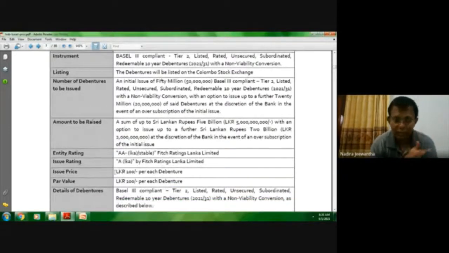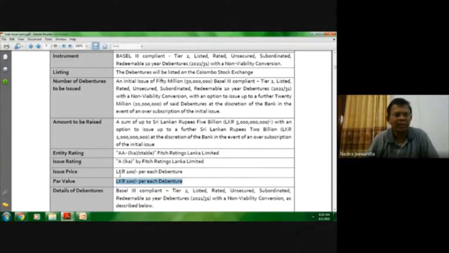Now this particular instrument, issue price is how much? 100. Par value is how much? 100. Now this particular bond is issuing at 100.